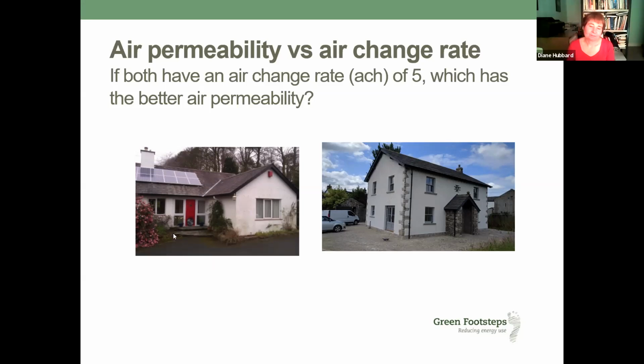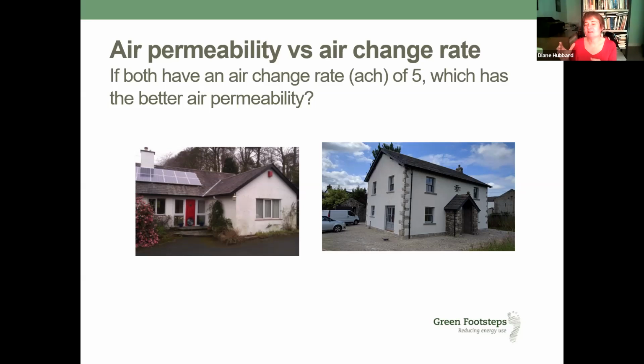So just thinking about what we've got. The house on the right hand side is quite cuboid, quite boxy, and the thing about that cuboid style is the surface area and the volume are roughly the same.